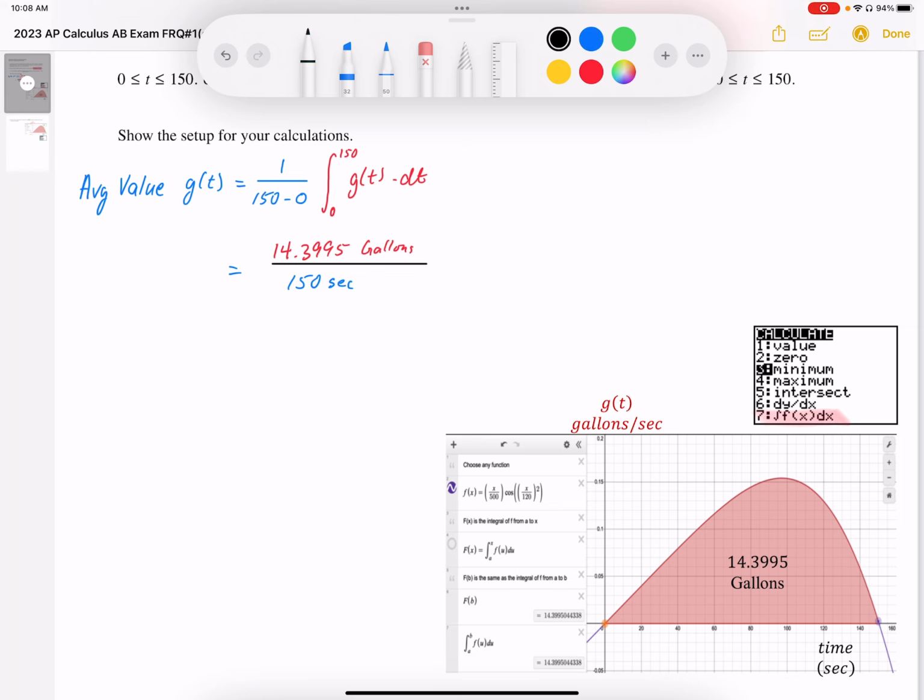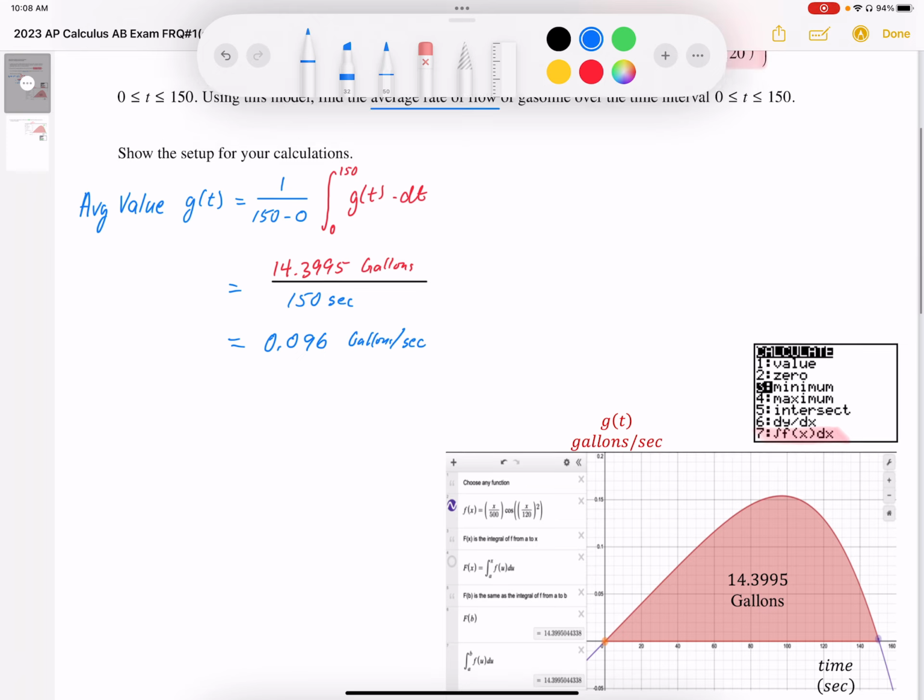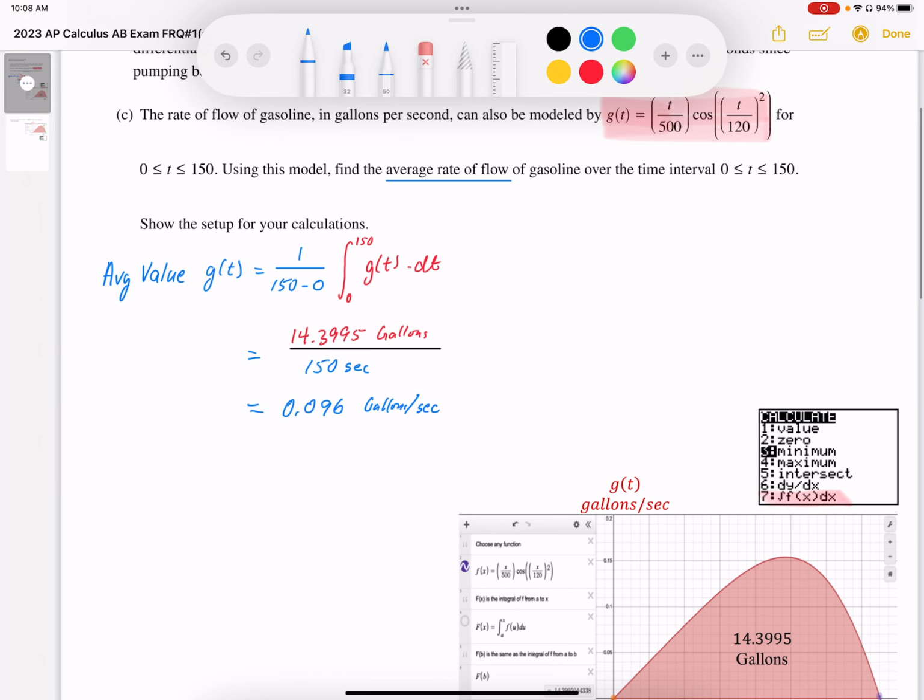This gives us an average value of 0.096, and the units are gallons per second. So the average rate of flow of gasoline is 0.096 gallons per second.